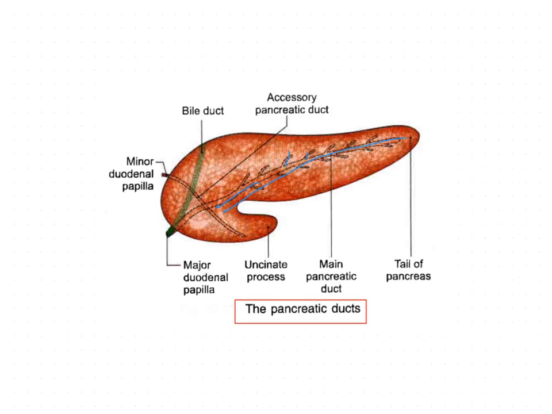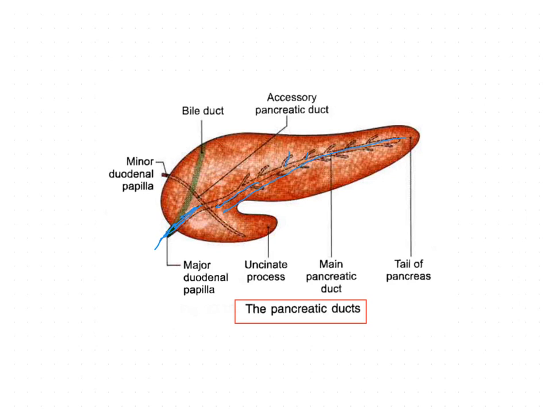It joins the common bile duct. Here you can see it joins the common bile duct to form the ampulla of Vater, which opens into the posteromedial wall of the second part of the duodenum. So this is about the pancreatic ducts.